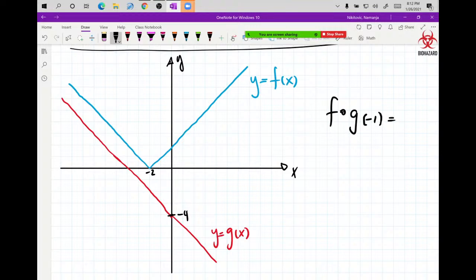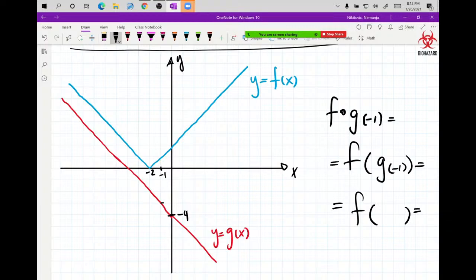Now, the way you should understand this is f and then g computed at negative 1. Okay, that means that it's f of, and now I have to figure out how much is g of negative 1. Well, g is the red one. Negative 1 is right here. So that actually gives me negative 3.